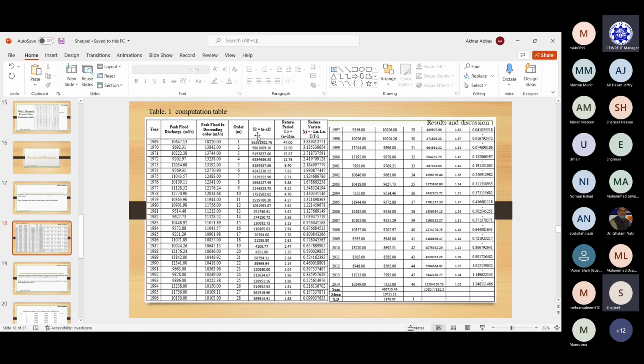Here is the order number. Here we find s squared is equal to n minus x, where n represents the total number of years of the study and x represents the peak flood values. Then we find the return period by using this formula: Tr is equal to (n plus 1) over m. And then at the end we calculate the reduced variate of this data.